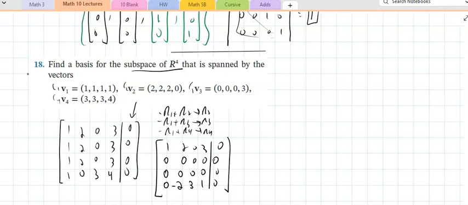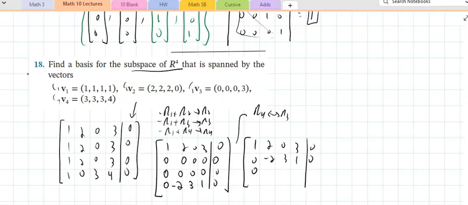And now, oh, there's not much to do. If I take row 4 and switch it with row 3, I'm really looking at 1, 2, 0, 3, 0, negative 2, 3, 1, 0, 0. And from this, we see we only have 2 pivots.